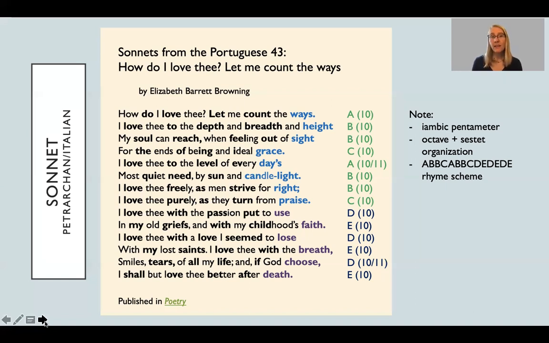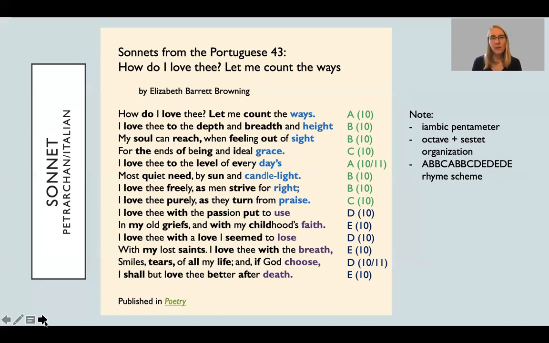How do I love thee? Let me count the ways. I love thee to the depth and breadth and height my soul can reach, when feeling out of sight for the ends of being and ideal grace. I love thee to the level of every day's most quiet need, by sun and candlelight. I love thee freely, as men strive for right.